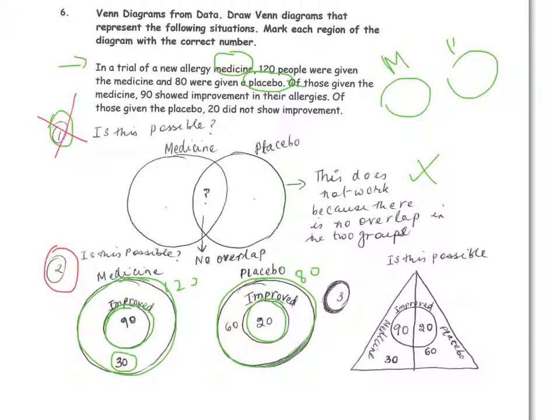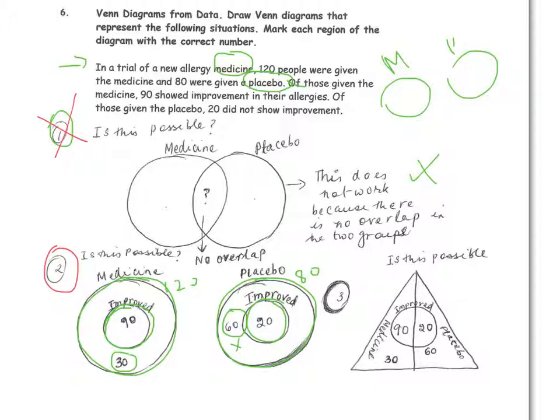And that is clear, since there are 80 people sitting in the entire set of people who took placebo, 20 people improved, so we can assume that the rest of them, that is 60, showed no improvement. So the total number of people in that set is still 80. Now this looks like an okay representation, but somehow two separate circles almost seems like they're two different situations.